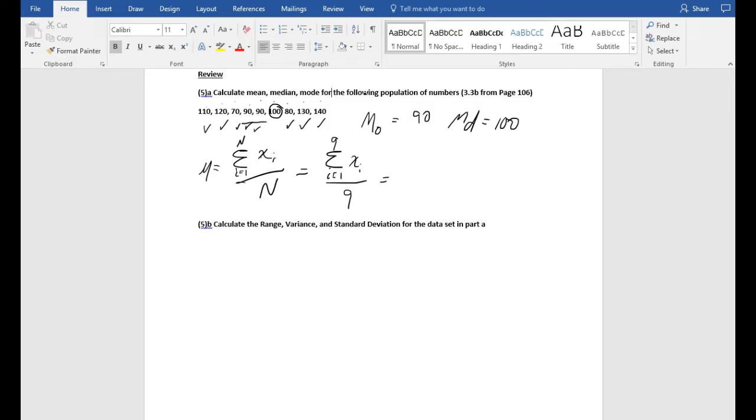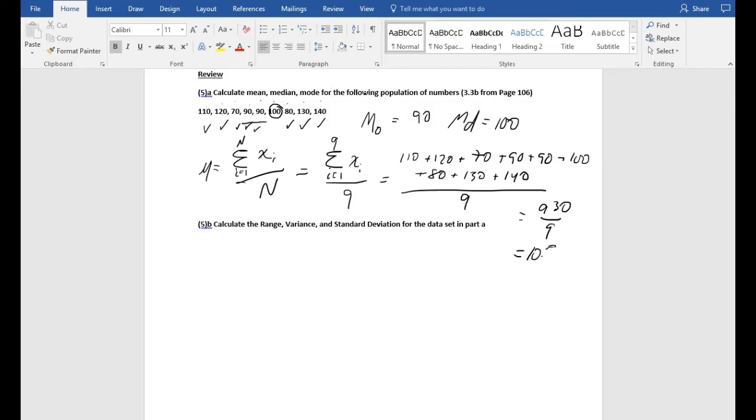That's 110 plus 120 plus 70 plus 90 plus 90 plus 100 plus 80 plus 130 plus 140, all over 9, which is 930 over 9, which is 103.3 repeating. So that is our mu.